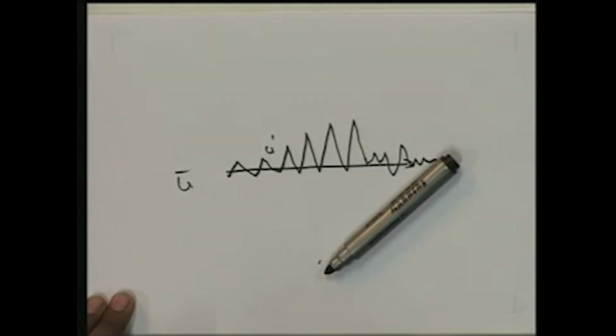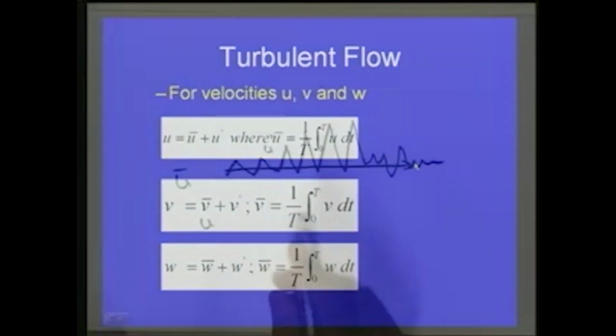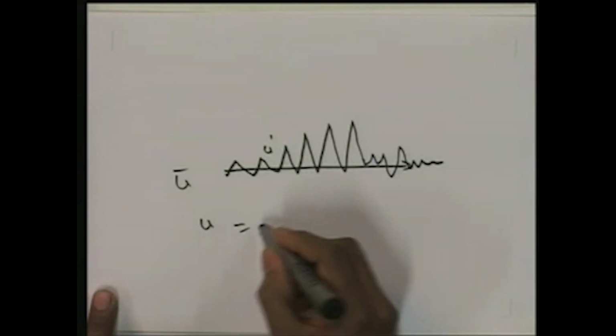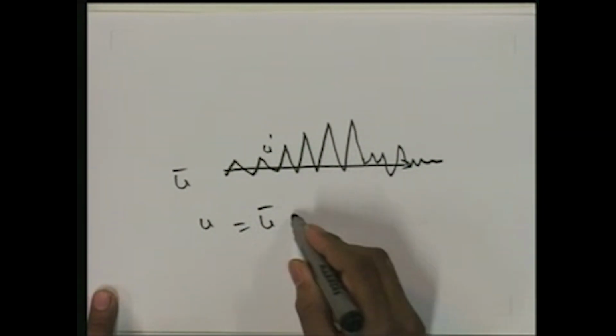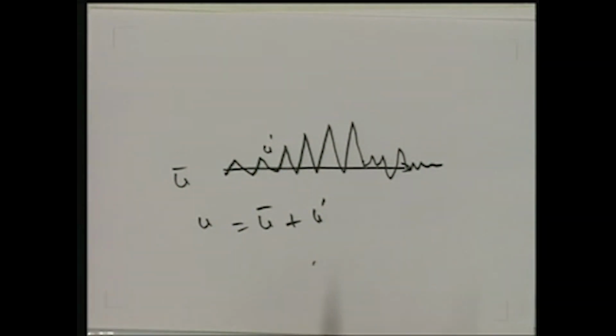So, this is the way we represent it. The turbulent flow velocity we can express as u is equal to a mean flow component and then the instantaneous flow component u dash. This is the way generally we express the turbulent flow.